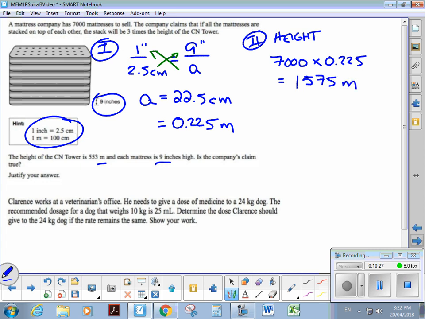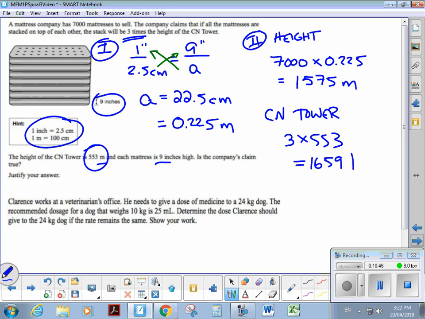The CN Tower, they said it's 3 times taller, so 3 times the height, 3 times 553 is 1659. So guess what? They are short.